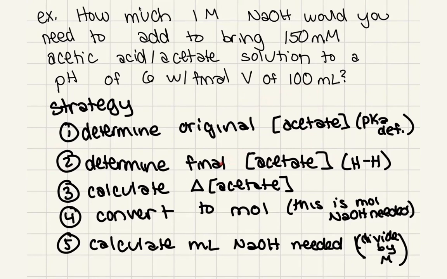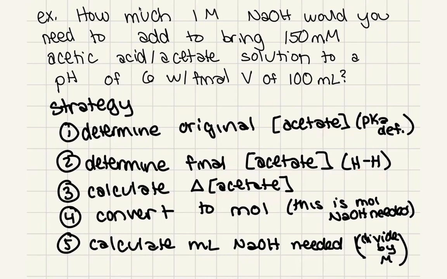We do want to know the final concentration of acetate that we need, and we can do this using our Henderson-Hasselbalch equation. Then we're going to calculate the difference in the concentrations of acetate between our final that we got from the Henderson-Hasselbalch and the initial that we got just from the pKa.